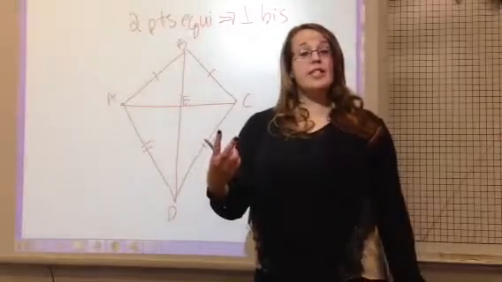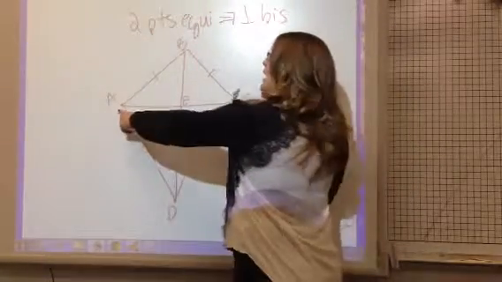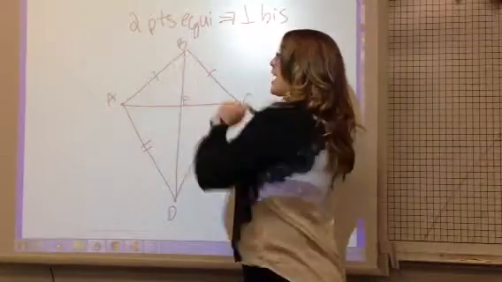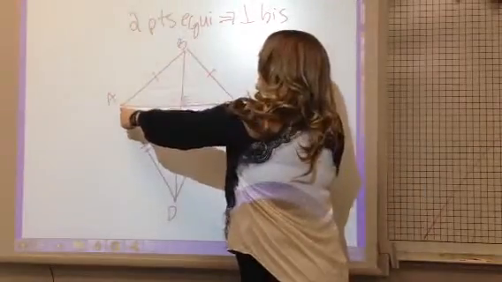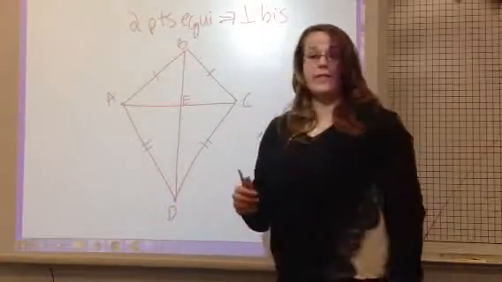So I've got 2 points that are equidistant. I know that A and C are both equidistant from B, and I know that A and C are both equidistant from D.